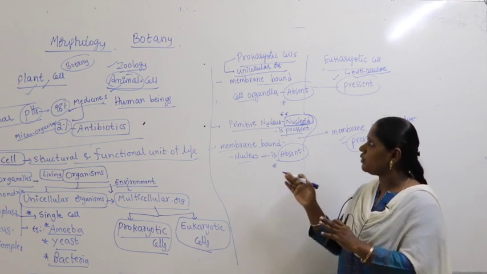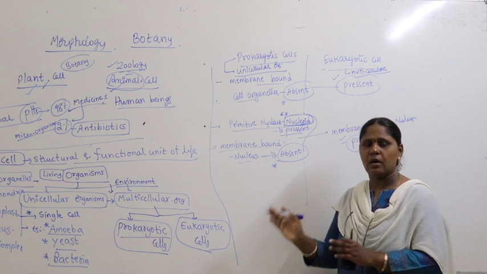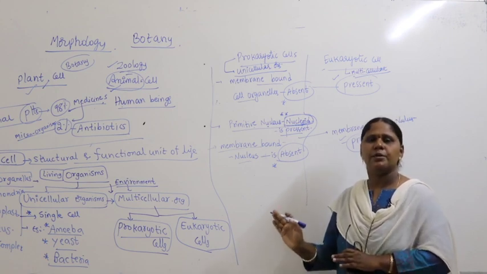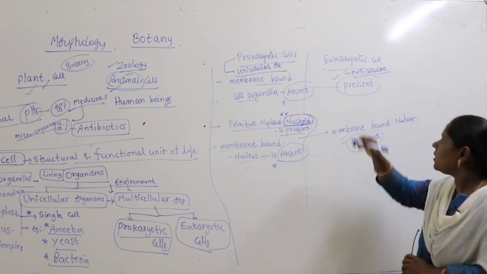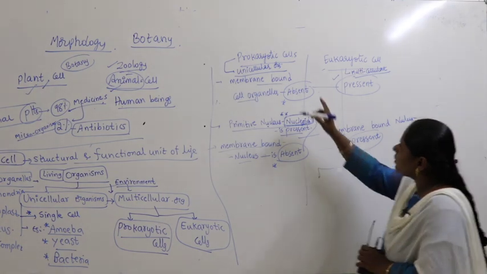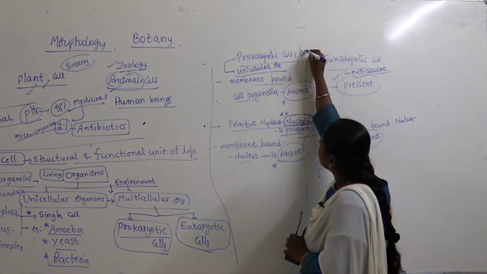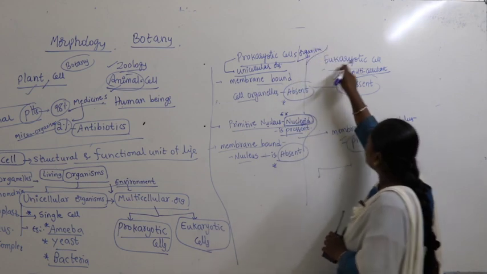Presently I am trying to give you an introduction about what are unicellular and multicellular organisms, what are prokaryotes and what are eukaryotes. Now these eukaryotic organisms are further divided. When you say this is a prokaryotic cell or organism, similarly, one cell from a eukaryotic organism is a eukaryotic cell.